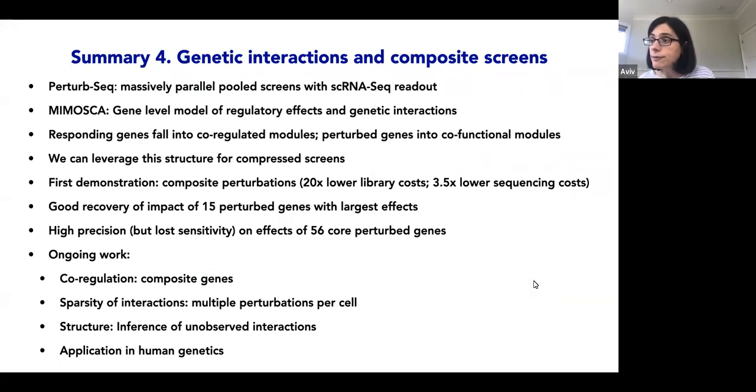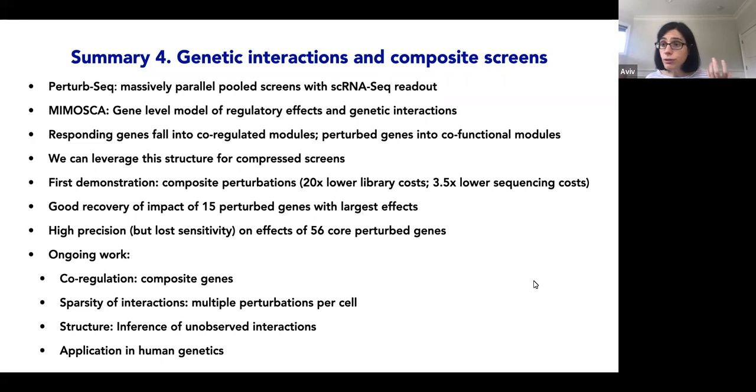And so to conclude this final part of the talk, I showed you perturb-seq, a method for pooled screens with single-cell RNA-seq readout. It allows us to screen single gene functions and combinations of them. And most importantly for us, the responding genes form these co-regulated programs, and the perturbed genes form these co-functional modules. And this coupled structure can be leveraged in multiple ways in order to help us take on genetic interactions.